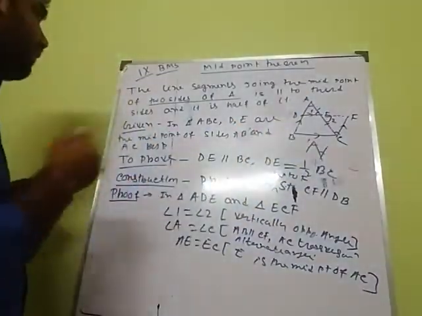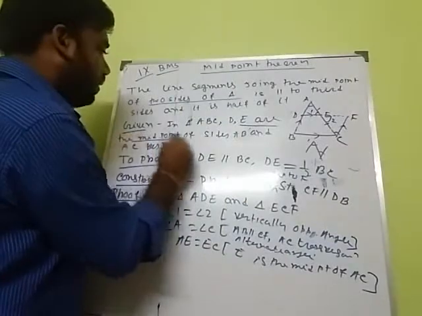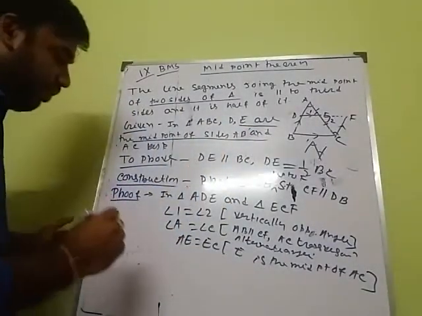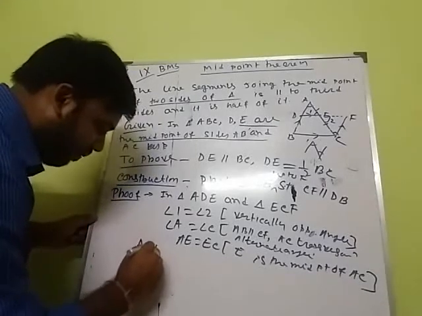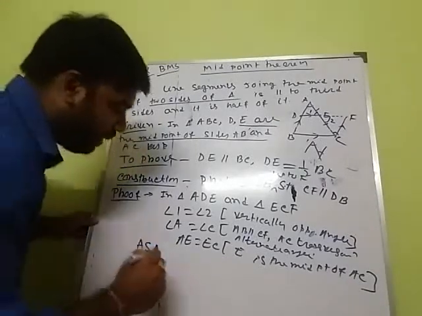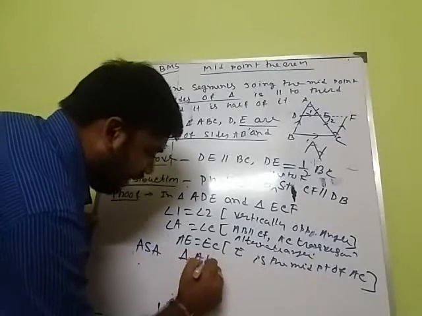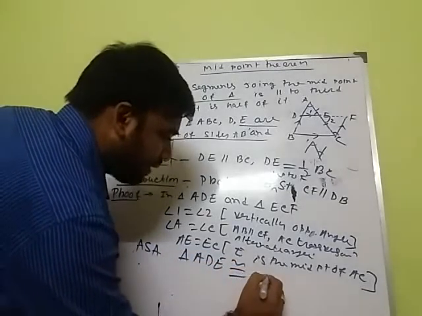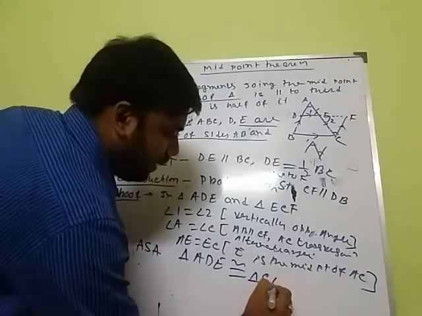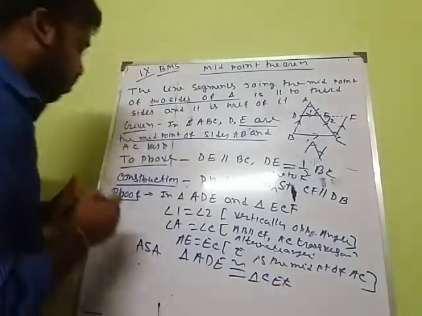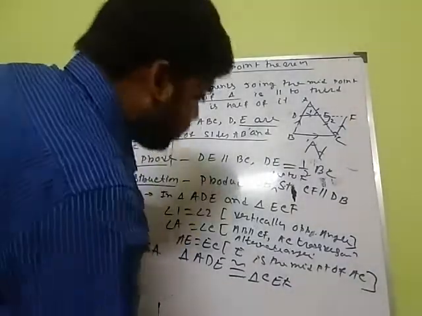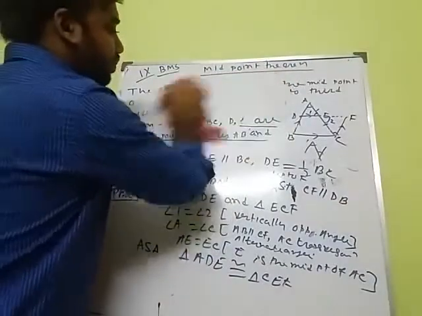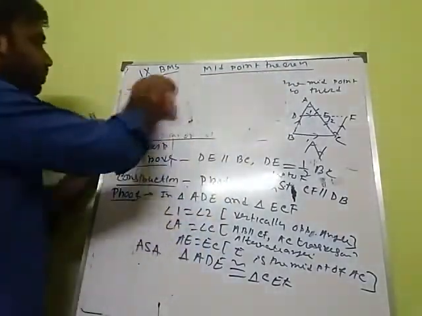By the help of ASA, we can prove that triangle ADE is congruent to triangle CEF. Students, I am rubbing that upper portion, that statement only, okay, and it is also given.